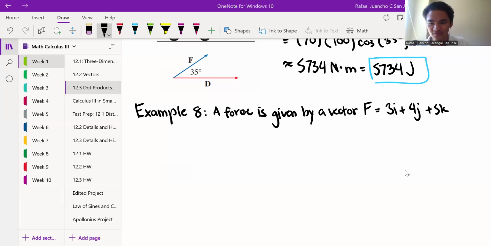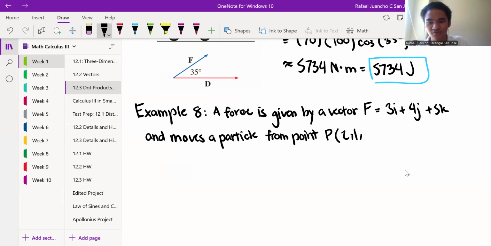And it moves a particle, the typical physics question about particles, from point P. What's point P? 2, 1, 0. To another point, Q. What's that point? 4, 6, 2. And we want to find the work done.